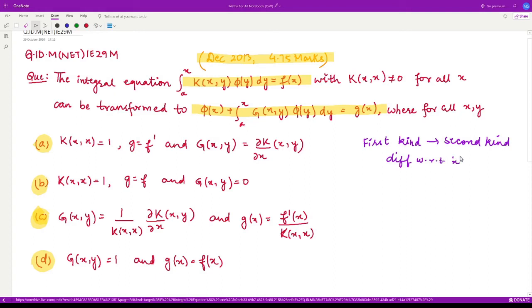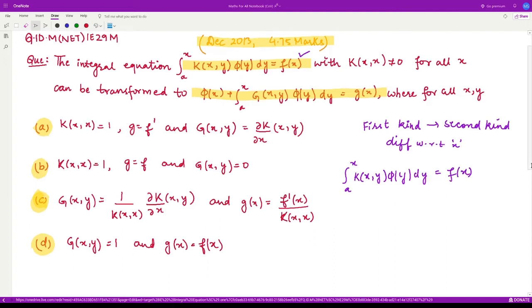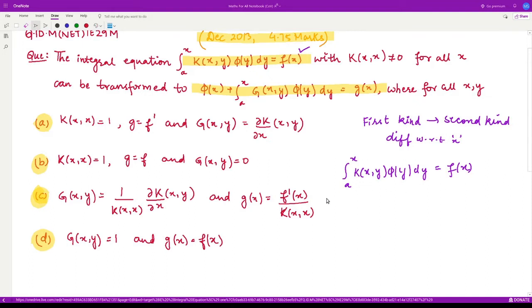So let us do it. We'll take this equation and differentiate it. The equation is integration from a to x, k(x,y) phi(y) dy is equal to f(x). When we differentiate this, we'll first apply the Leibniz rule.